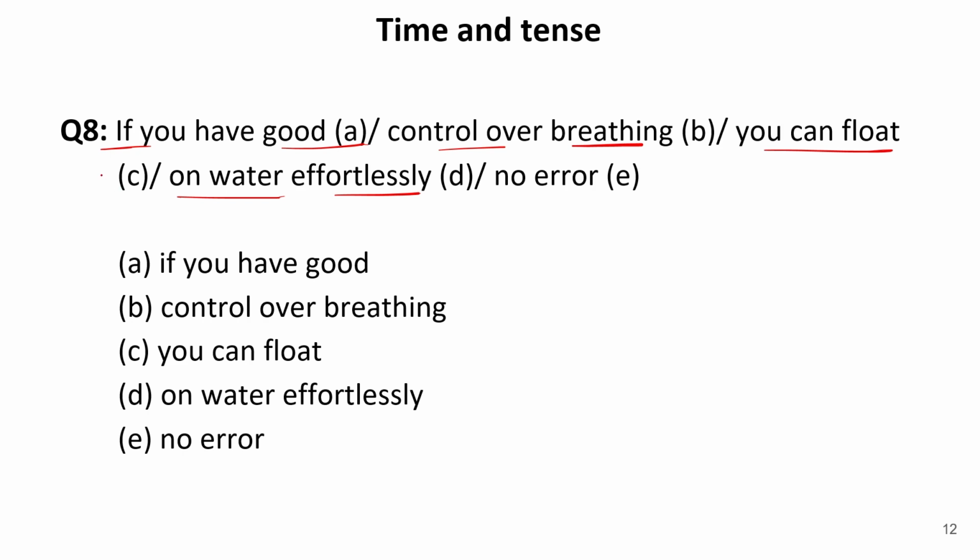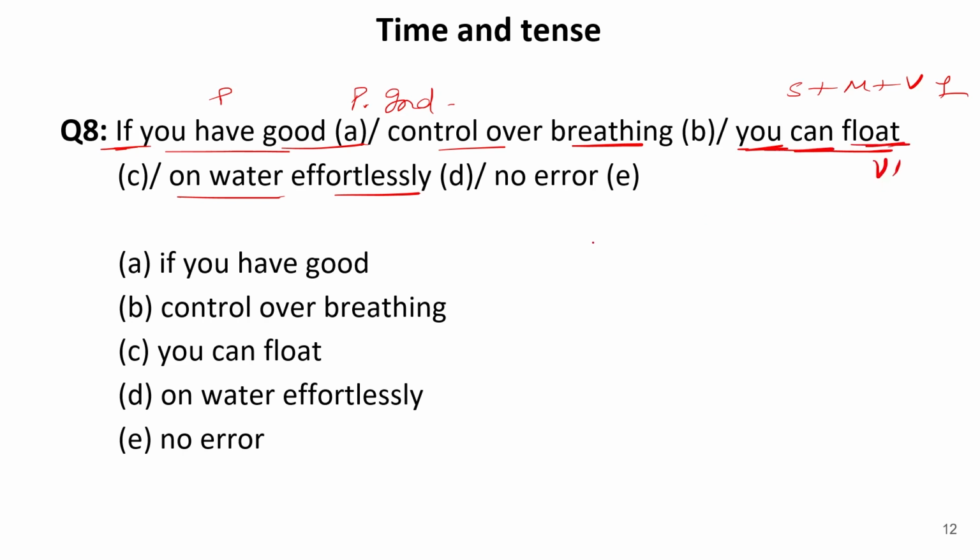If the clause immediately after "if" is in present tense, the remaining should be in future indefinite tense, or we can have modal plus verb first form. Now, "if you have good control over breathing" is in present indefinite tense. So the remaining clause should be subject plus modal plus verb first form. "You" is the subject, "can" is a modal, and "float" is the verb first form.